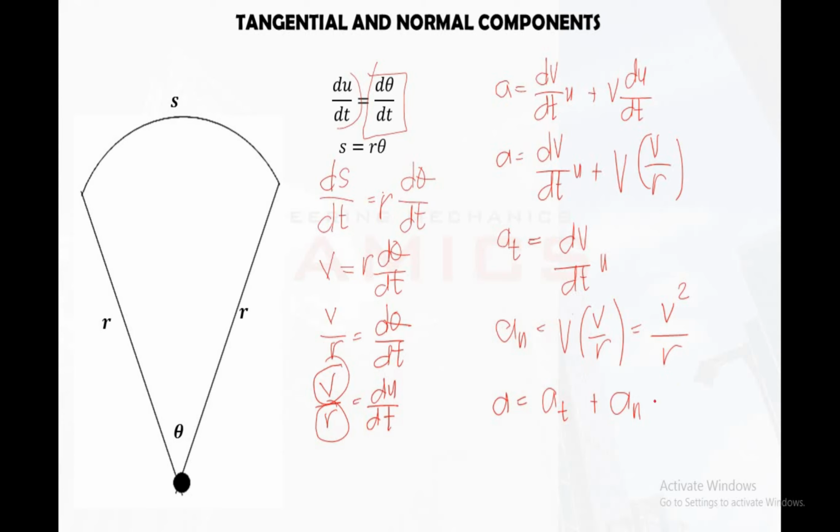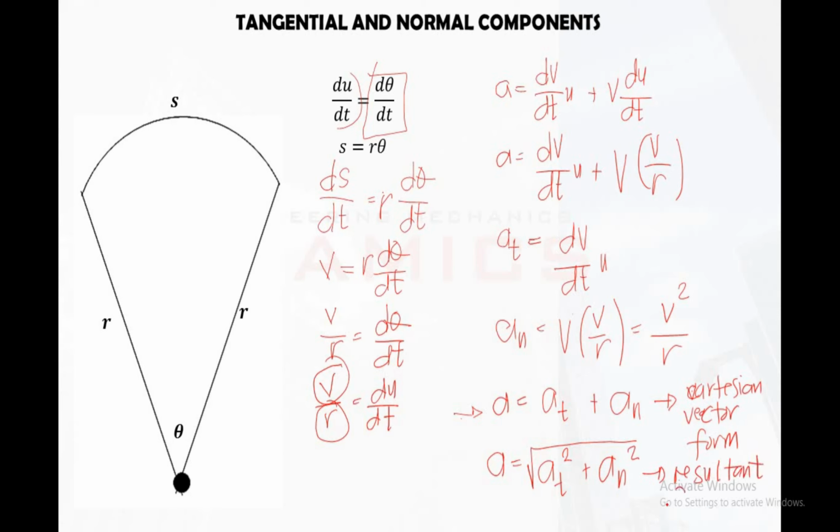Now, you have to take note, this is the Cartesian vector. So, if you're going to use this equation, this is in naka-Cartesian vector form yung ating acceleration. But, if we want to get the resultant, we can use a is equal to the square root of at squared plus an squared.